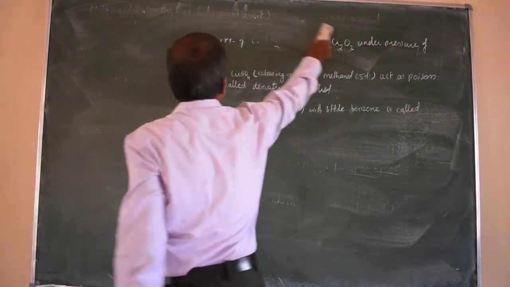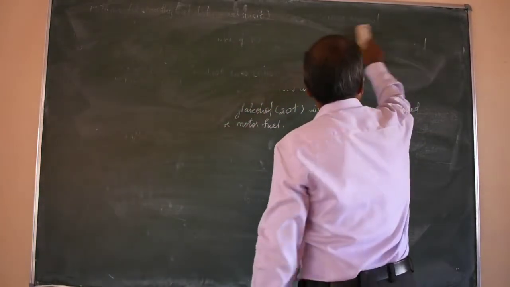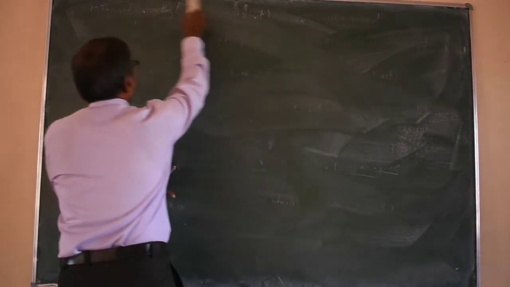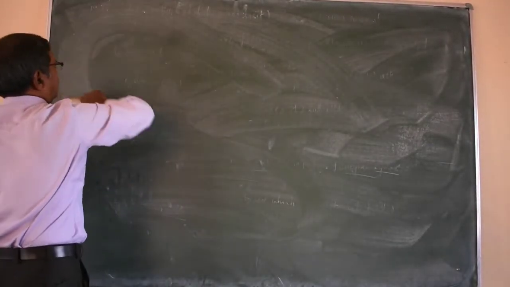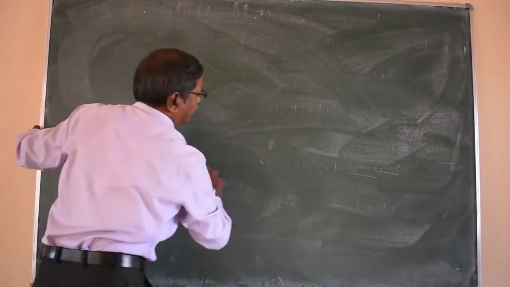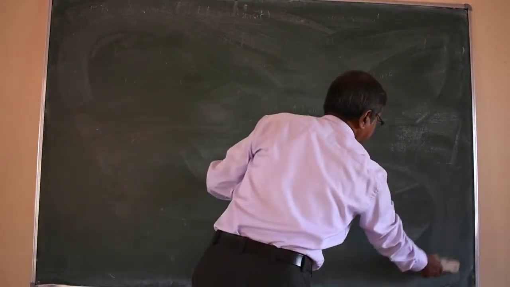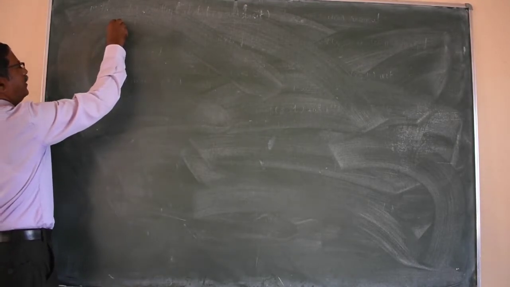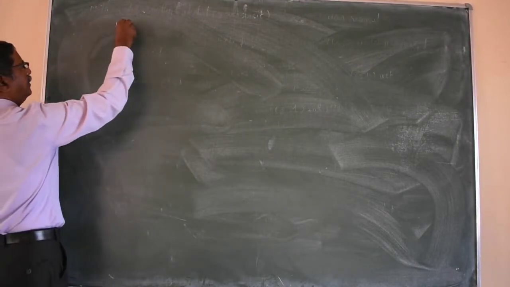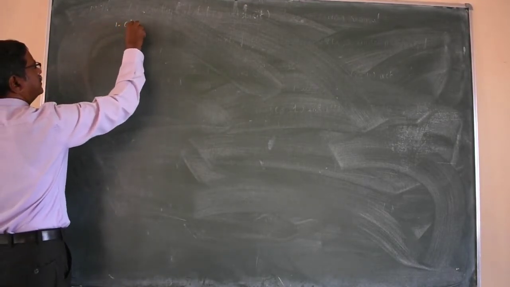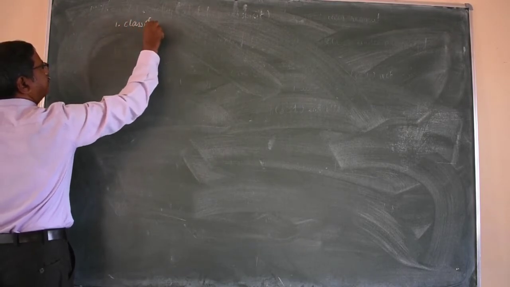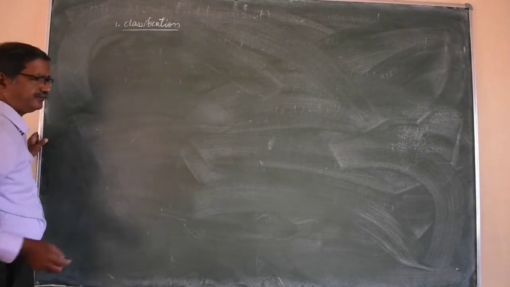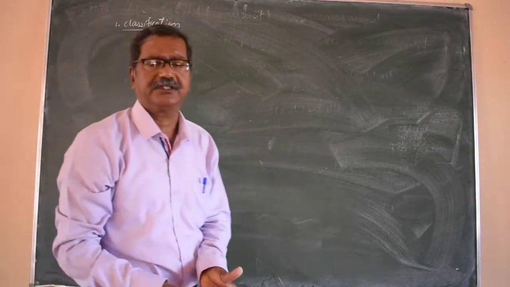You can remember easily by writing notes on alcohols, especially based on classification and the preparation and properties. First, remember the classification of alcohols. Write it like this on paper and try to recall all the things.